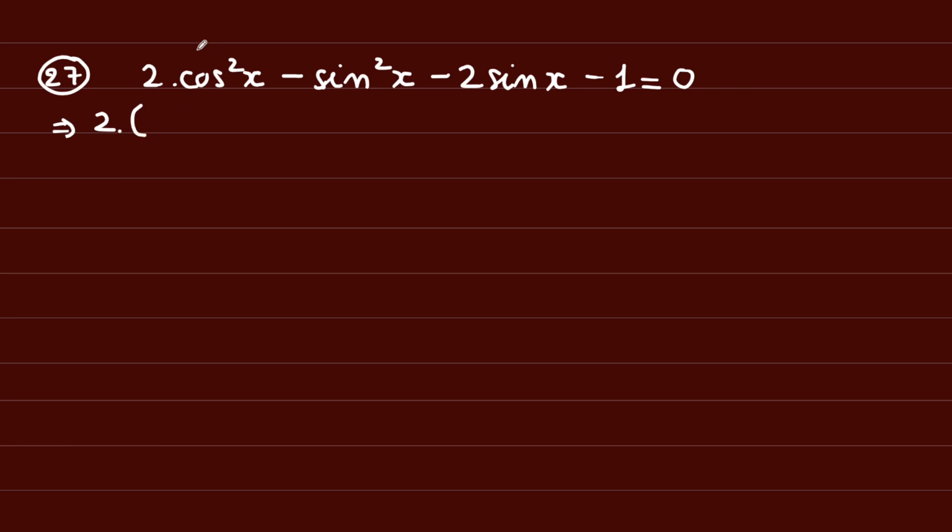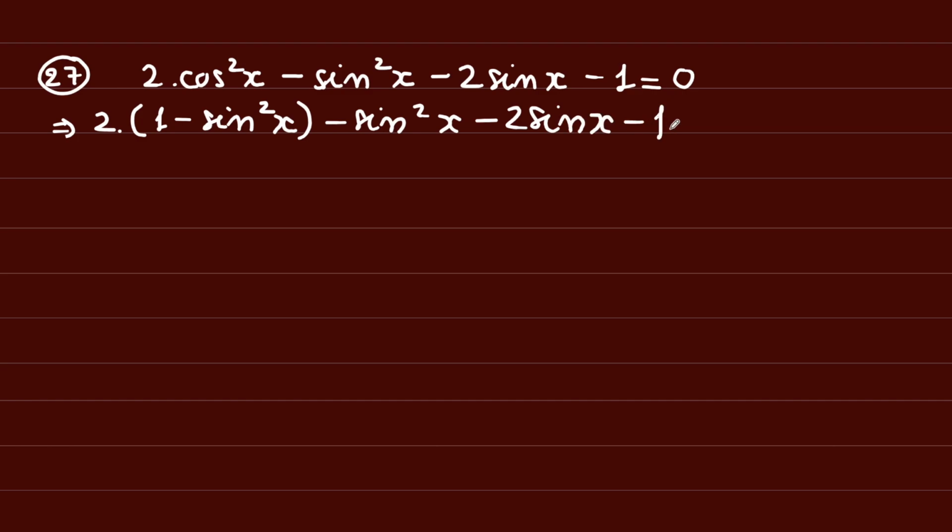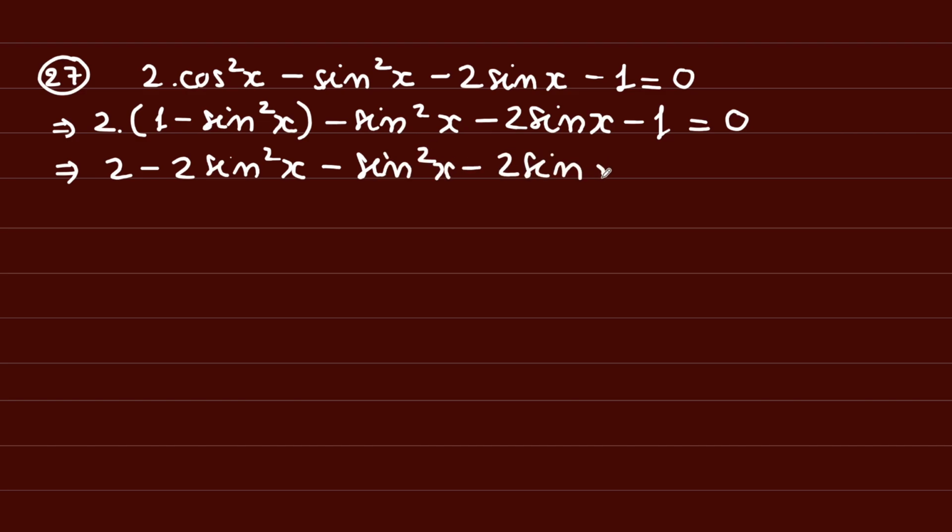Here is 2. I can convert cos square, expressed in terms of sine square, 1 minus sine square x here, and minus sine square x minus 2 sine x minus 1 equal to 0. Okay, expand this and you got this expression: 2 minus 2 sine square x minus sine square x minus 2 sine x minus 1 equal to 0.